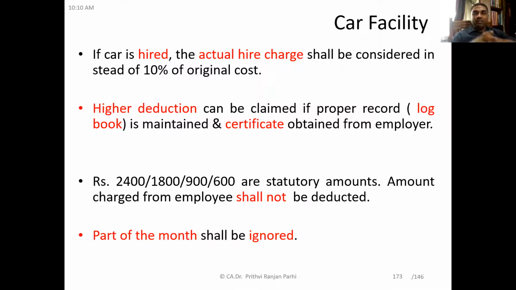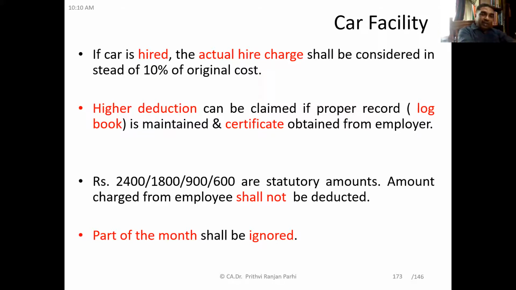For example, if employee maintains a logbook and clearly specifies that this is for official use, this is for personal use, and on that basis he claims that the car is used more for official purposes, then proportionately he can claim more deduction. So that is possible, but what is required? Number one, proper record. Logbook should have been maintained, plus a certificate should be obtained from the employer. Employer must agree that this is for official purpose. Did you understand? Yes, sir.